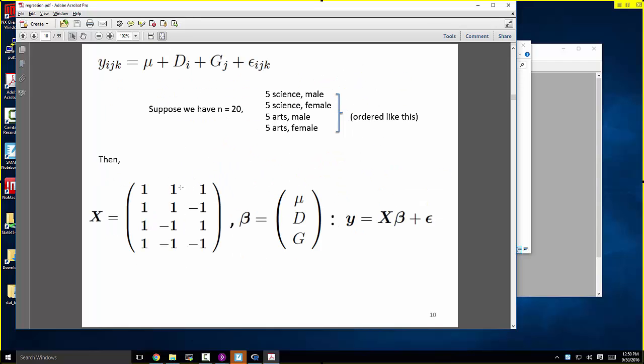So science males are going to be mu plus D plus G. Science females are going to be mu plus D minus G. So that's how we're representing male versus female. You either have plus G or minus G. Then we have arts male, so 1, minus 1, 1, and arts female, 1, minus 1, minus 1.